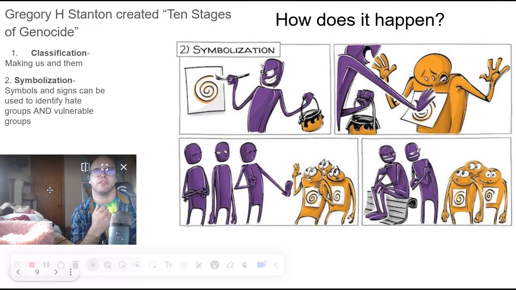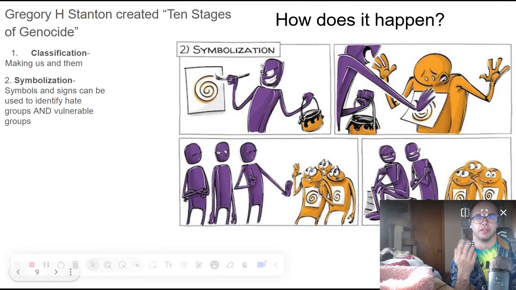But then we have symbolization. This is another thing that's kind of normal. Symbols and signs can be used to identify who you support, where you're from, the things you like. I'm wearing a shirt that is advertising for T's Salon, where my partner works. I'm a Green Bay Packers fan, so I have a lot of Packers merchandise.